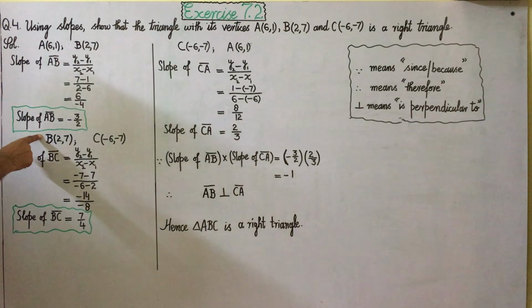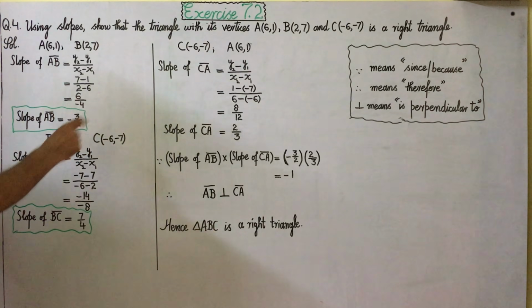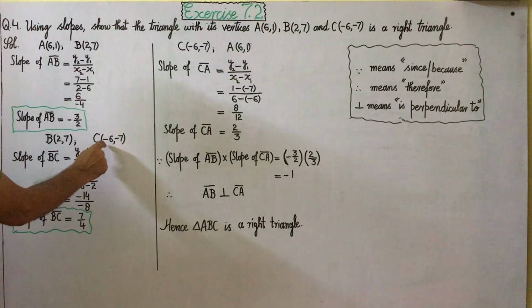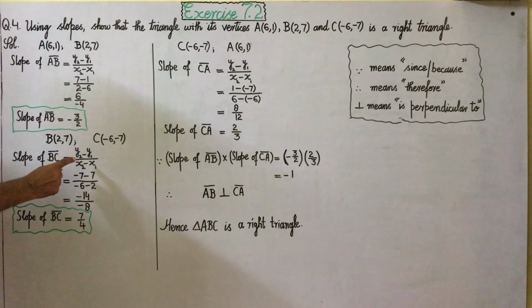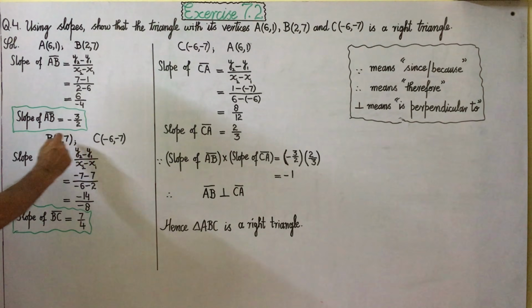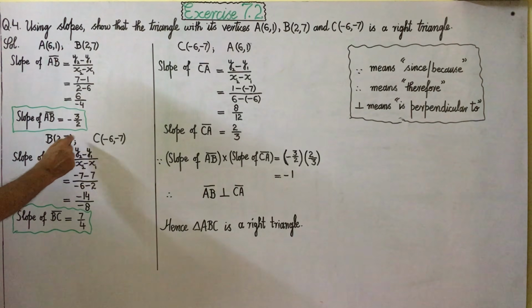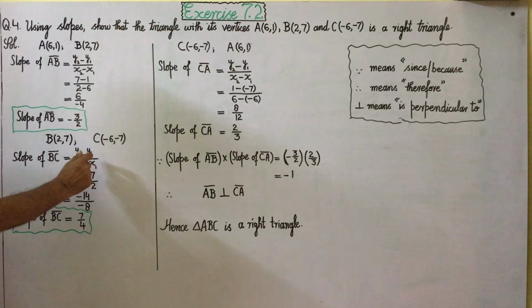Now B with x coordinate 2 and y coordinate 7. Vertex C, x coordinate minus 6, y coordinate minus 7. Slope of BC, y2 minus y1 over x2 minus x1. In this case, x1 is 2, y1 is 7, x2 is minus 6, y2 is minus 7.